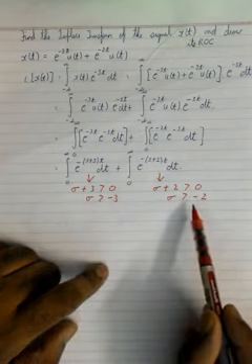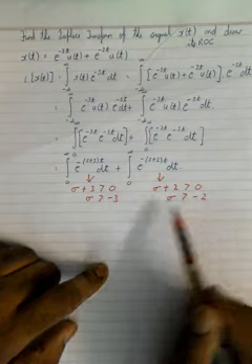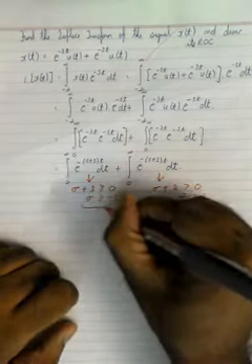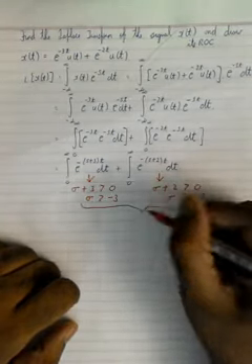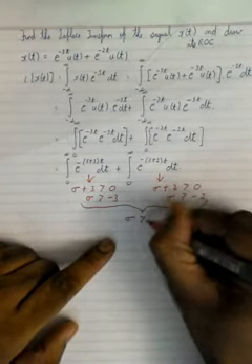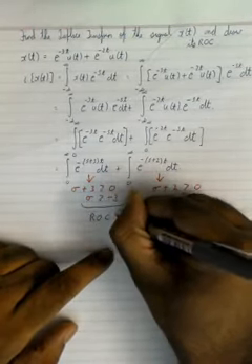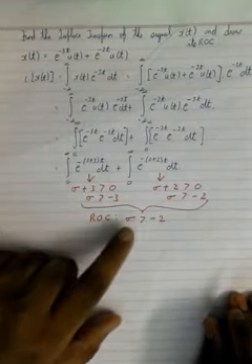You see? So this ROC covers both these conditions, which means that my overall region of convergence is sigma greater than -2. This is my region of convergence of the given question.